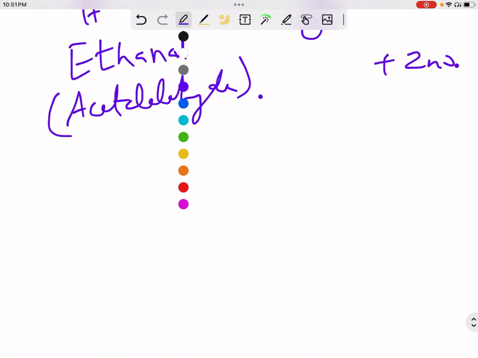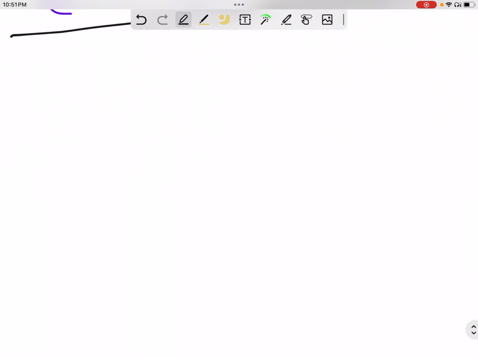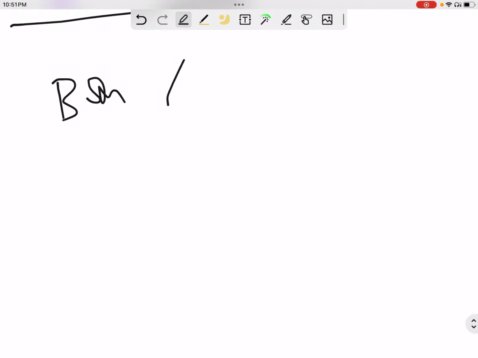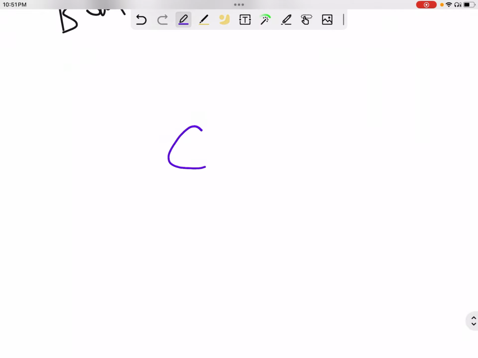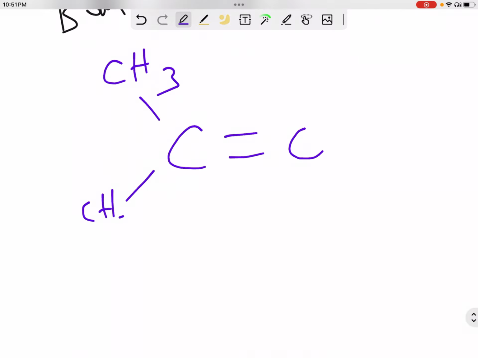Now these are the varieties that we are getting. In case you want both aldehyde and ketone in the same reaction, we can go ahead with a particular alkene where my R1, R2 are methyl, my R3 is methyl and R4 is hydrogen.